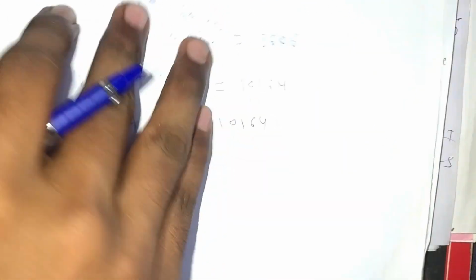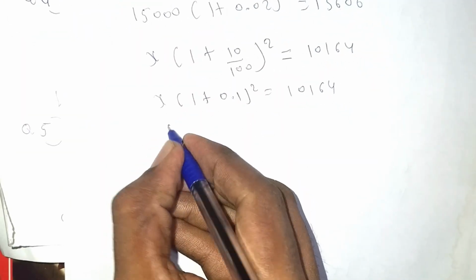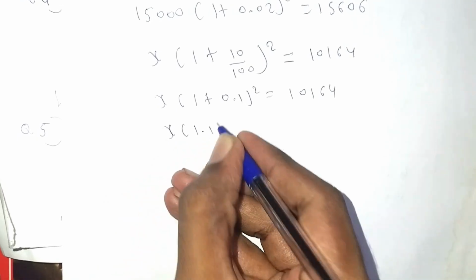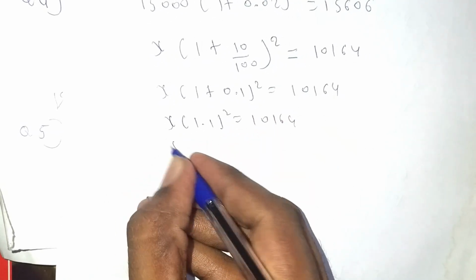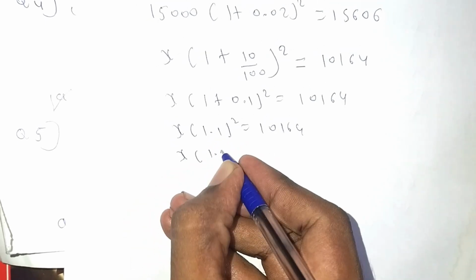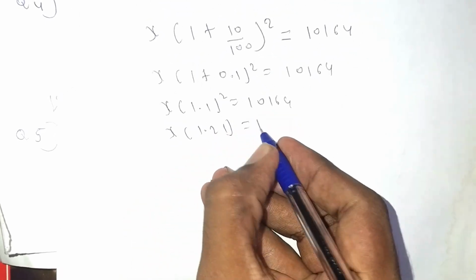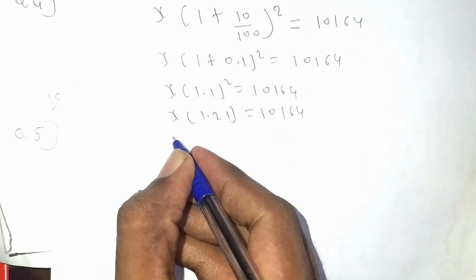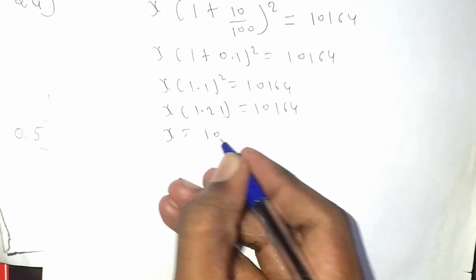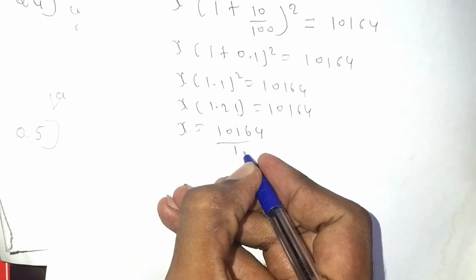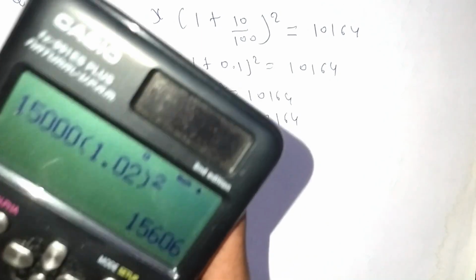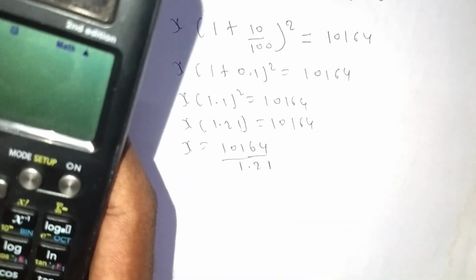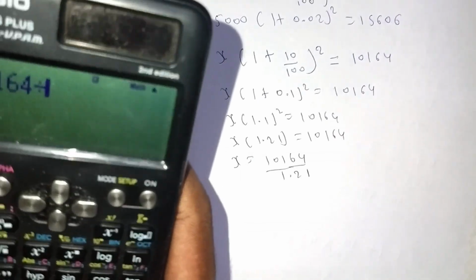So 10 divided by 100 means 0.1, so x into 1.1 whole square is equal to 10,164. As we know, 1.1 whole square is 1.21, so x is equal to 10,164 divided by 1.21.